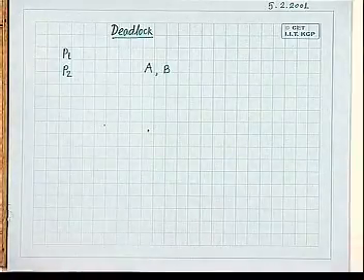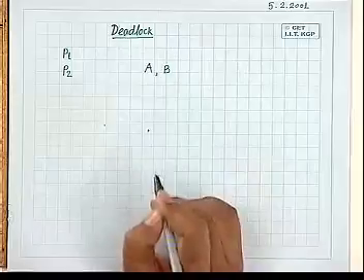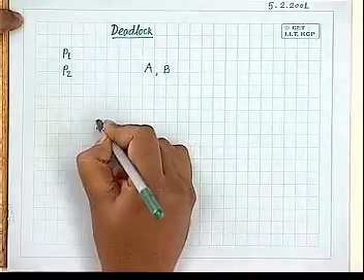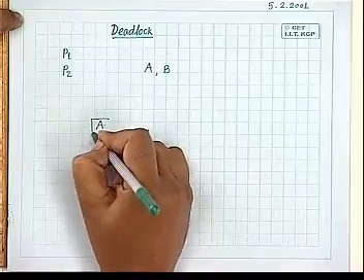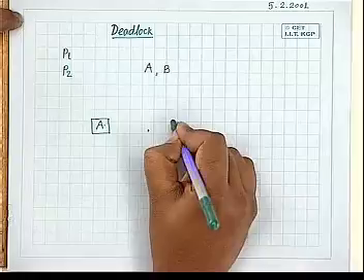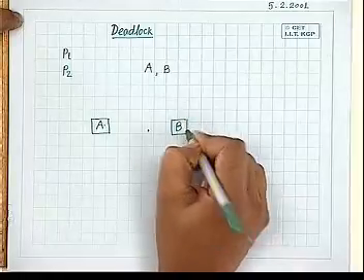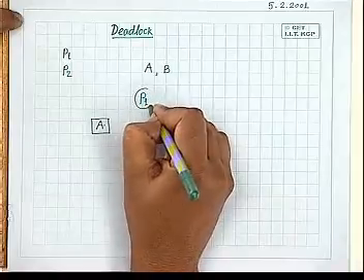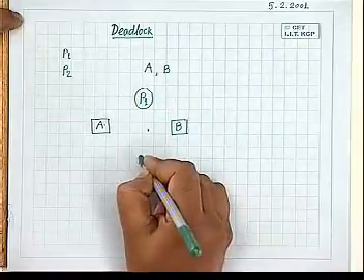Suppose P1 has acquired resource A. So, I have resource A, I have resource B, I have the process P1, I also have the process P2.